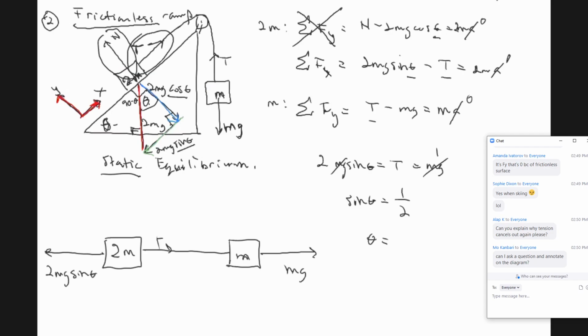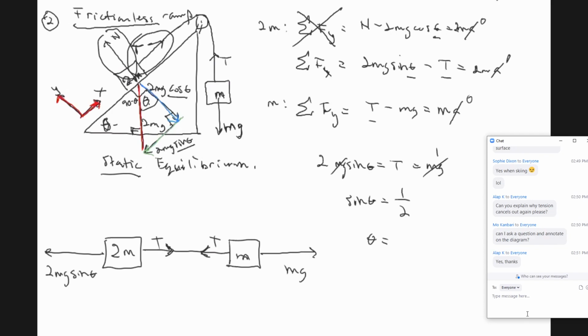And if you look at the tensions, look what the arrows are doing. They're equal and opposite to each other. So they're going to cancel out when you take it as a whole. Does that make sense for Alap? Cool. Go ahead, ask your question, Mo.